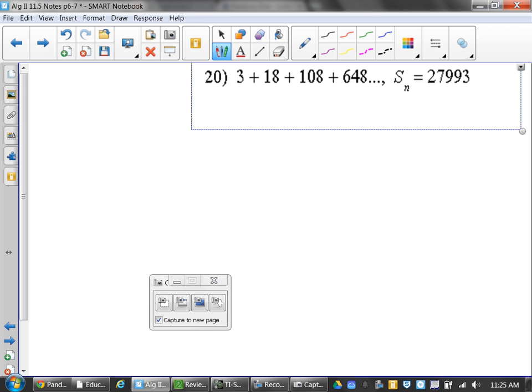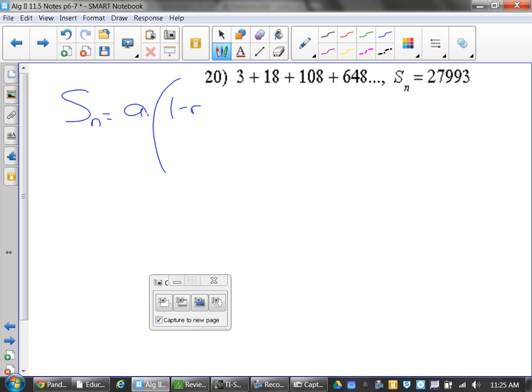Okay. So I'm going to start with writing that out. My first term, 1 minus r to the n over 1 minus r. So from here, it's a matter of filling in the blanks. I know that the sum has to equal 27993. I know that my first term is 3.